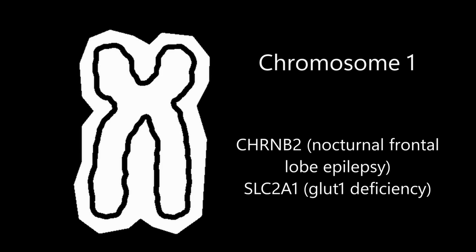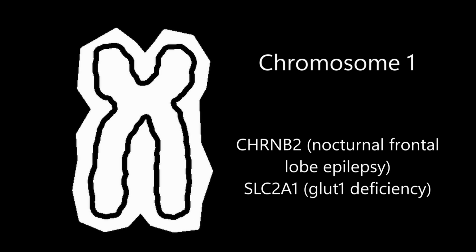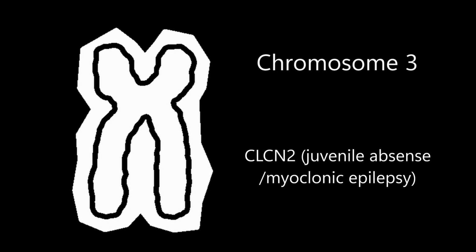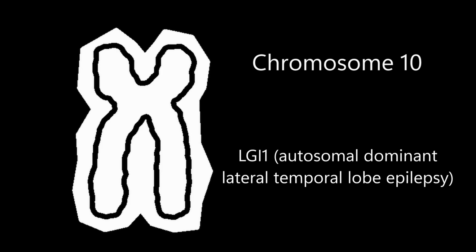Chromosome 1, with CHRNB2, nocturnal frontal lobe epilepsy, and SLC2A1, GLUT1 deficiency. In chromosome 3, CLCN2, which is with juvenile absence and myoclonic epilepsy. In chromosome 10, LGI1, autosomal dominant lateral temporal lobe epilepsy.